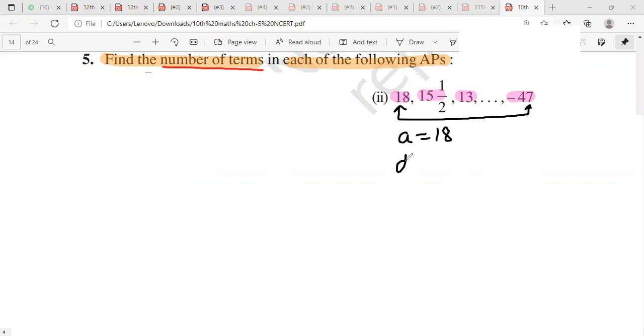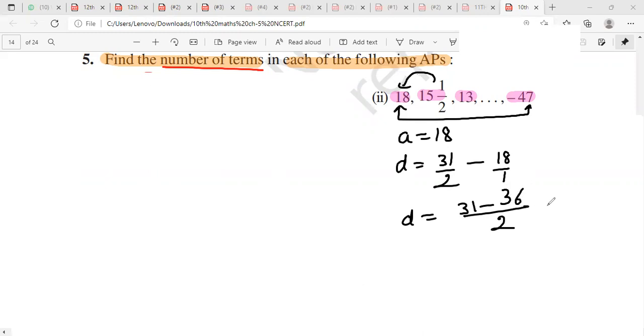The common difference D will be equal to A2 minus A1. That is 31 by 2 minus A1, that is 18. So D will be equal to, if I take the LCM here, 31 minus 36 over 2. So D will be equal to minus 5 by 2.